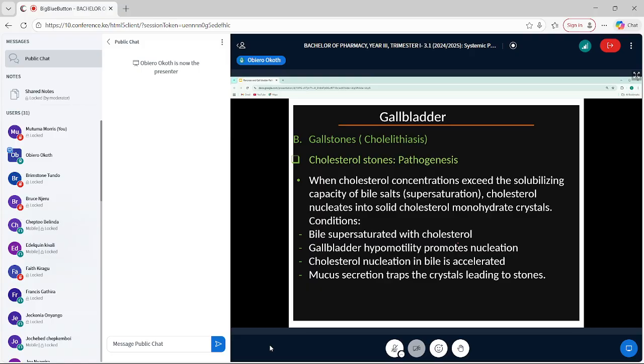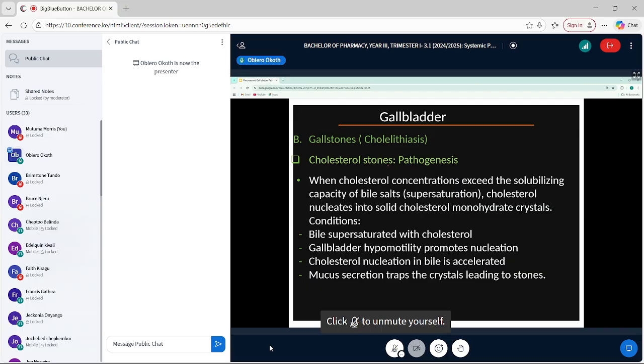Now, what's the pathogenesis for the cholesterol stones? Basically, when you have a cholesterol concentration exceeding the solubilizing capacity of the bile salts, you have what we call supersaturation. Then the cholesterol nucleates into solid cholesterol monohydrate crystals, and then these cholesterol crystals aggregate together to give you a stone.